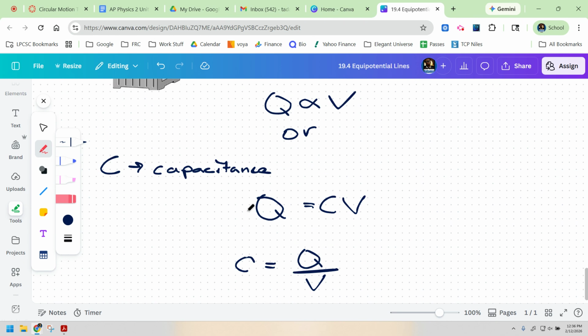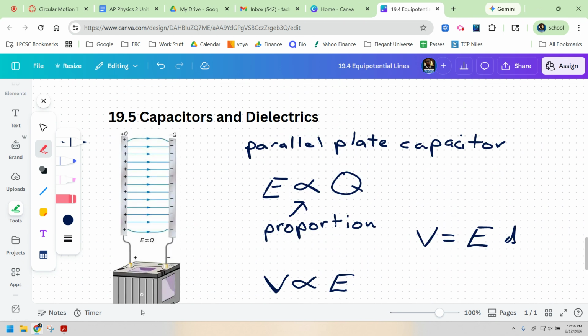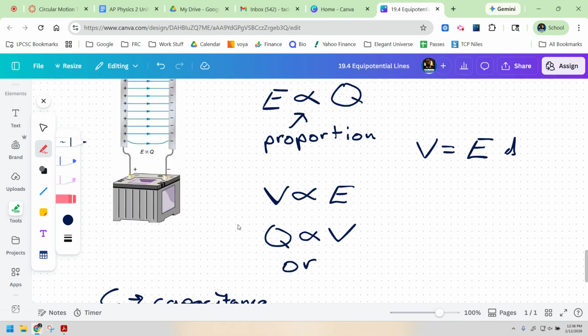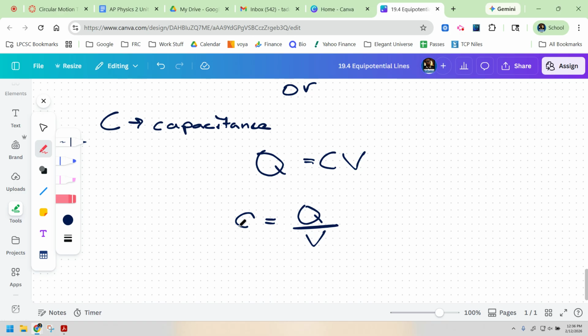In other words, if we go back here and we look at this, if I have more voltage, that means I'm going to have a greater charge, and vice versa, right? We know that, right? So then the electric fields will be more abundant. We'll have more electric fields. And then we're trying to measure that. And so one way we do that is we actually take the charge and divide it by the voltage, and that gives us our capacitance.